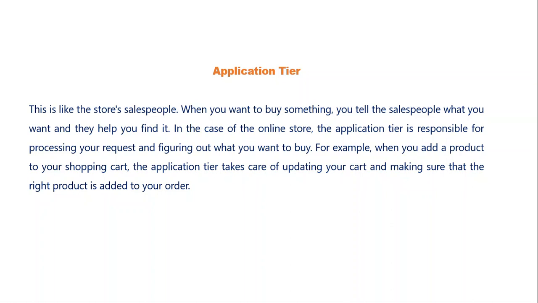Okay, for example, when you add a product to your cart, let's say you want to buy a smartphone, you want to buy clothes and all that, and then you keep adding those products to your shopping cart. Okay, so after adding to your shopping cart, the application takes care of updating your cart and making sure that the right product is added to your order. So this is what the application tier does for you.